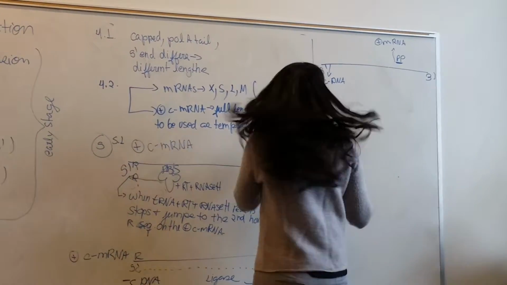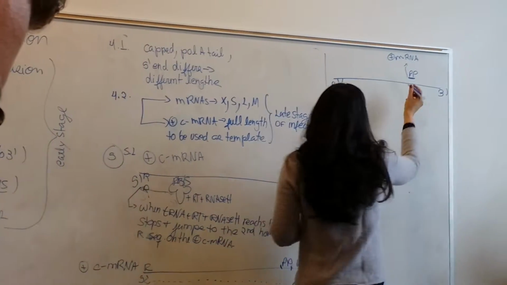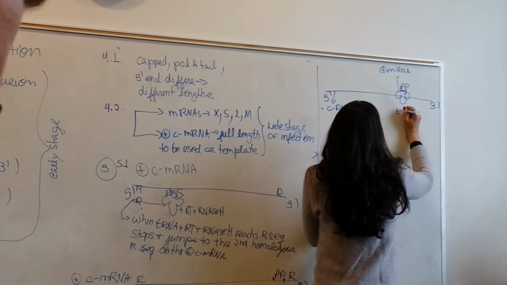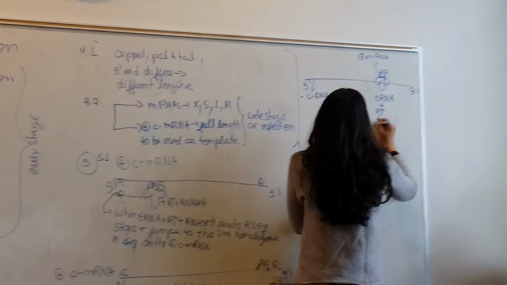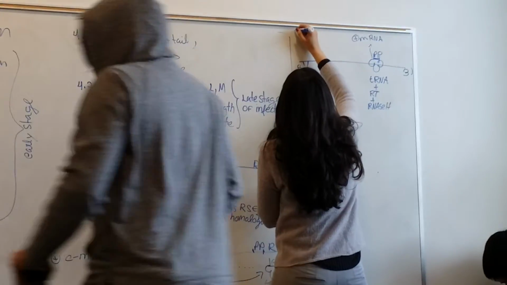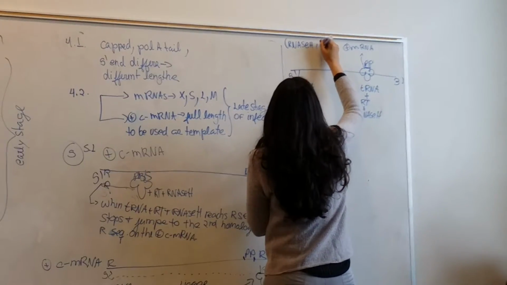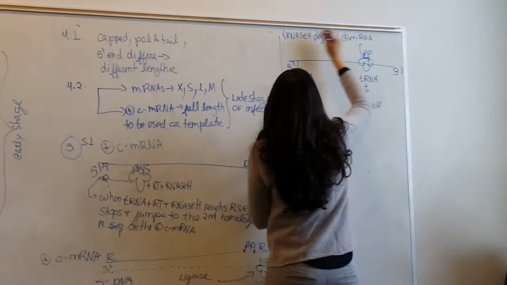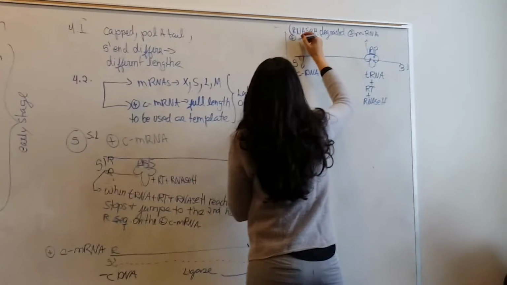And then what is going to happen is the transfer RNA plus RT plus RNase H, and let's make a note in here too that RNase H degraded the positive messenger RNA.